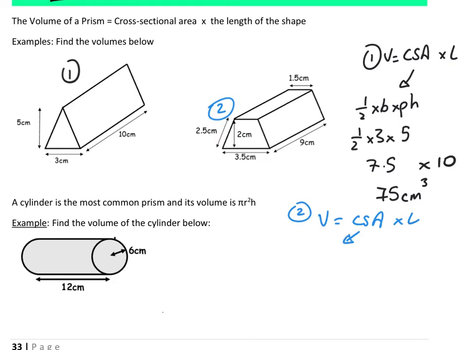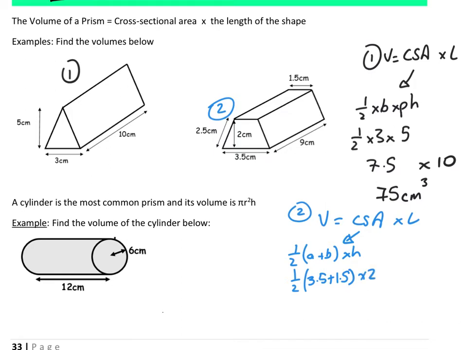Now for the cross-sectional area, it's going to be a half of a plus b times h, which is a half of 3.5 plus 1.5, so those are the two parallel sides, times by the perpendicular distance between them.